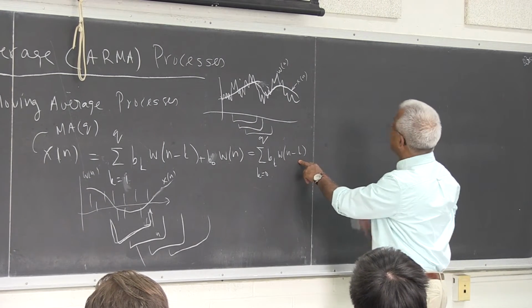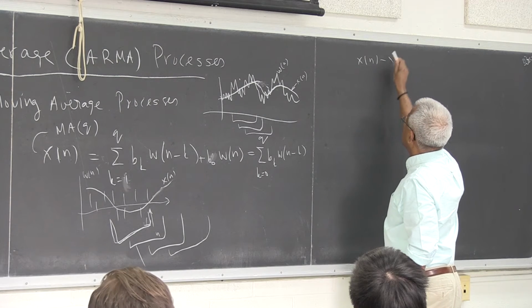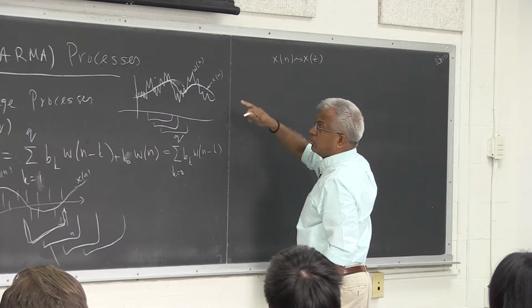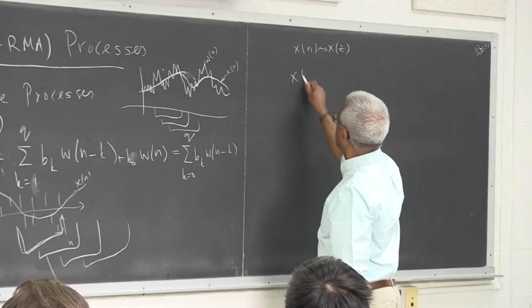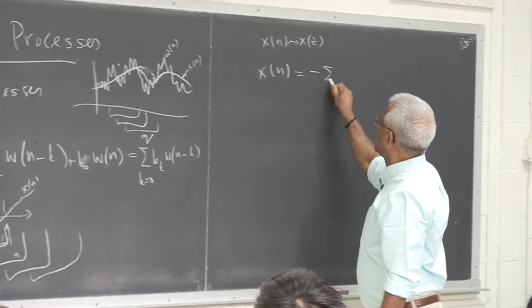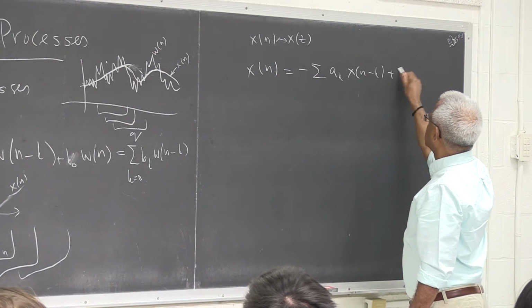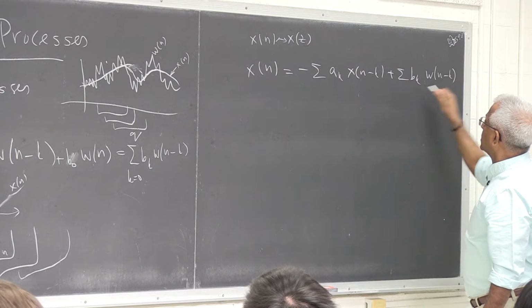This is a delayed version. So if x of n has a transform x of z, then let's look at the ARMA equation itself. So this reads now sigma ak x of n minus k plus sigma bk w of n minus k.